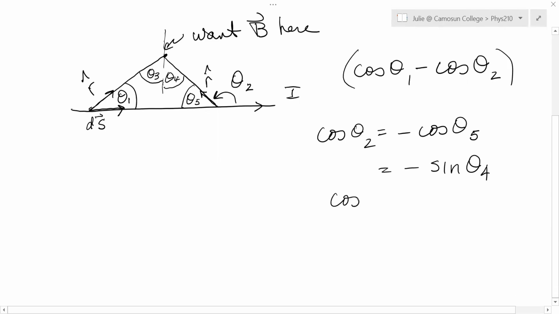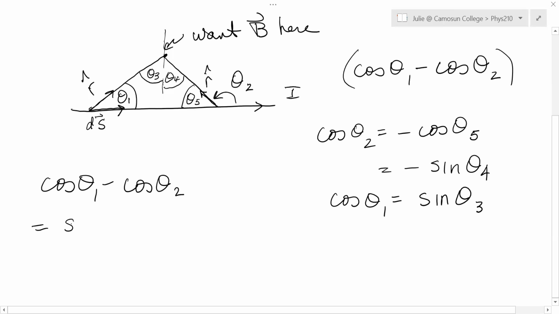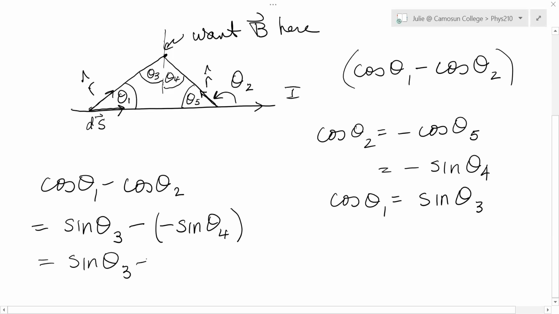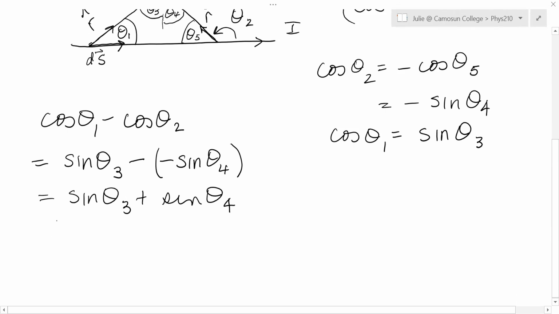And the cos of theta 1 is equal to the sine of theta 3. And so you can see that this cos theta 1 minus cos theta 2 in my formula can also be written as sine theta 3 minus negative sine theta 4, or sine theta 3 plus sine theta 4. So beware, in Mastering Physics, the answer is expecting the sum of the sines.